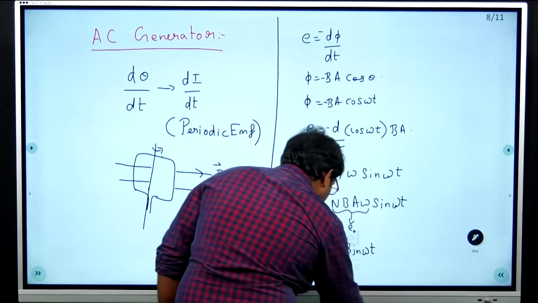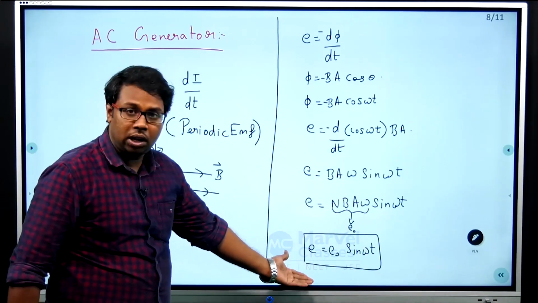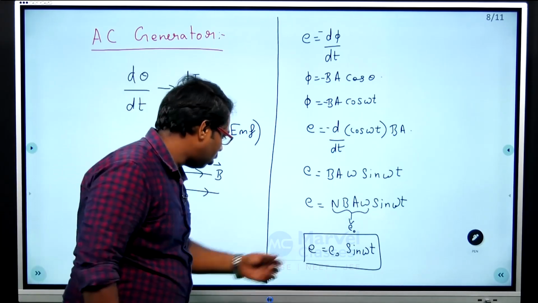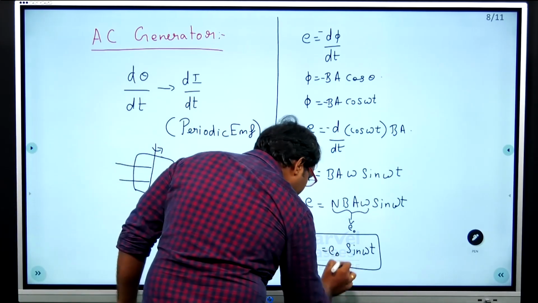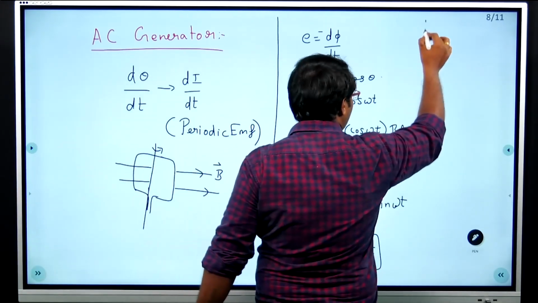We already know this from studying simple harmonic motion in class 11. I could recall that this is the peak value of the EMF that is going to get produced.